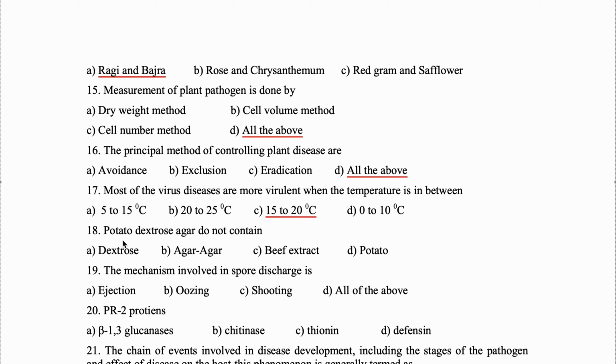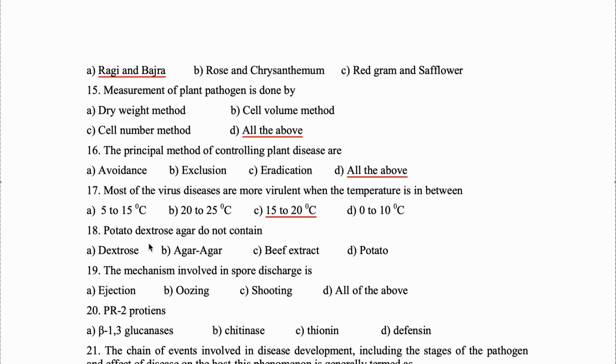Question 18. Potato dextrose agar does not contain. Potato dextrose agar is a media. If anybody has started work on plant pathology, they will understand PDA is the generalized media and the first media we are taught. PDA requires potato, obviously, 200 gram of potato.